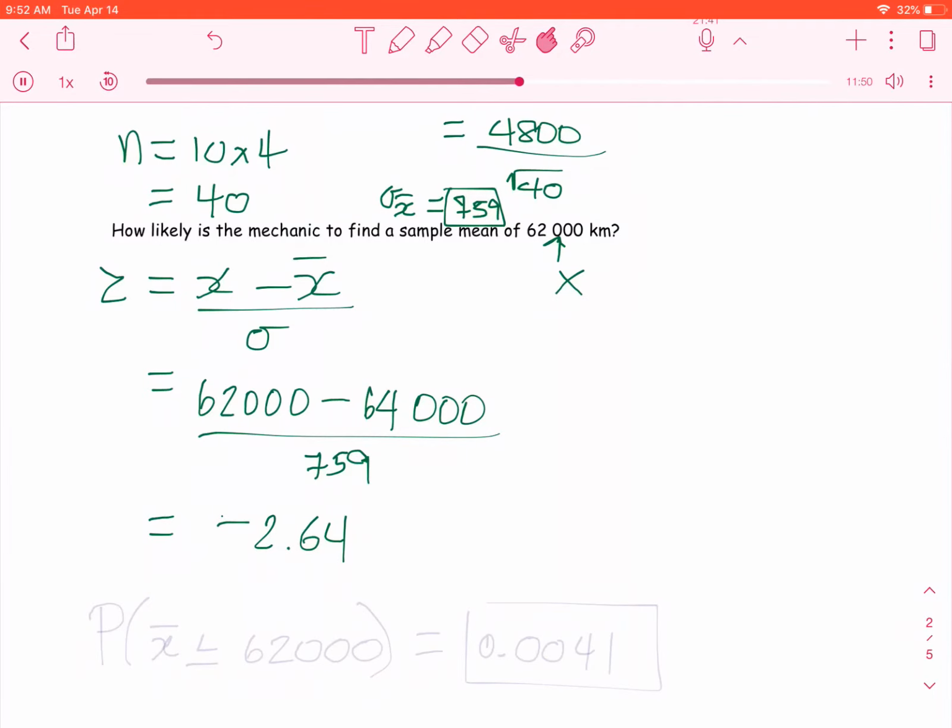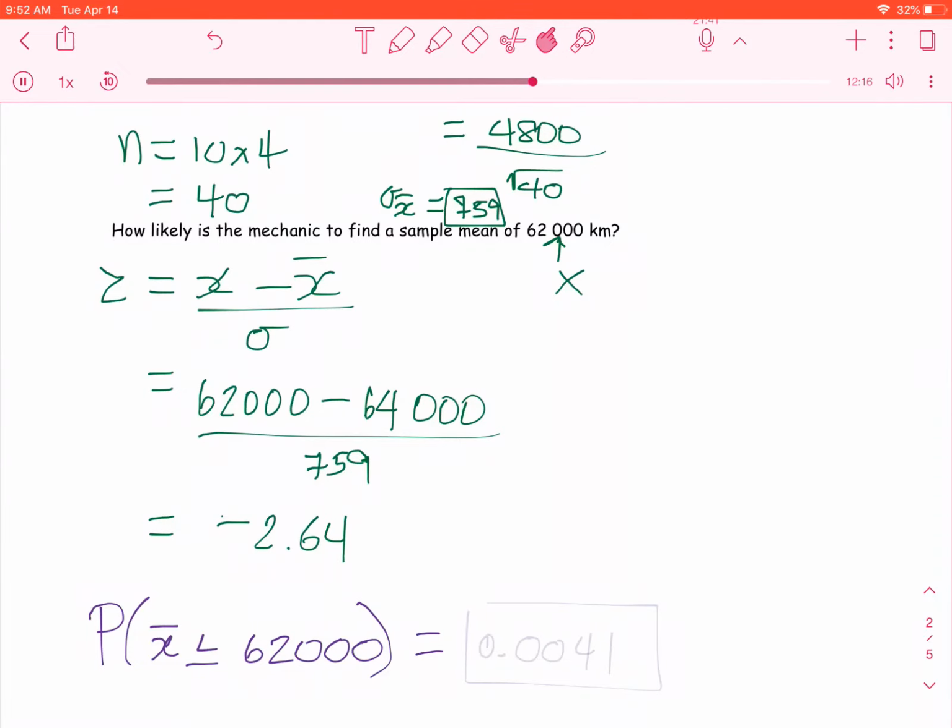With that information, we need your z-score table. I did post one in case you don't have yours handy at home. So you're finding the probability that the average is going to be less than or equal to 62,000.